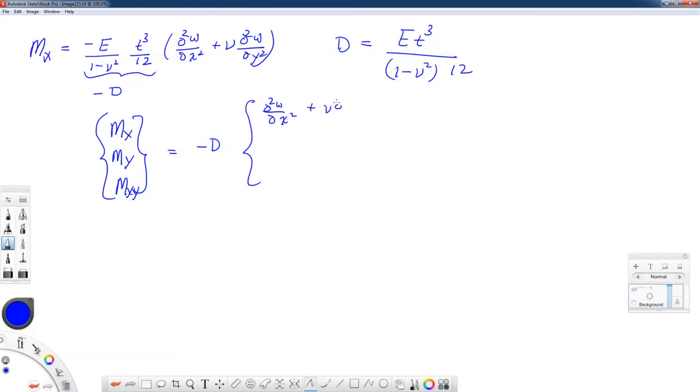Of course, we can also write these in terms of the curvatures as well. Of course, on this last term, we have that additional 1 minus nu, so that we can make that common term for the rigidity.